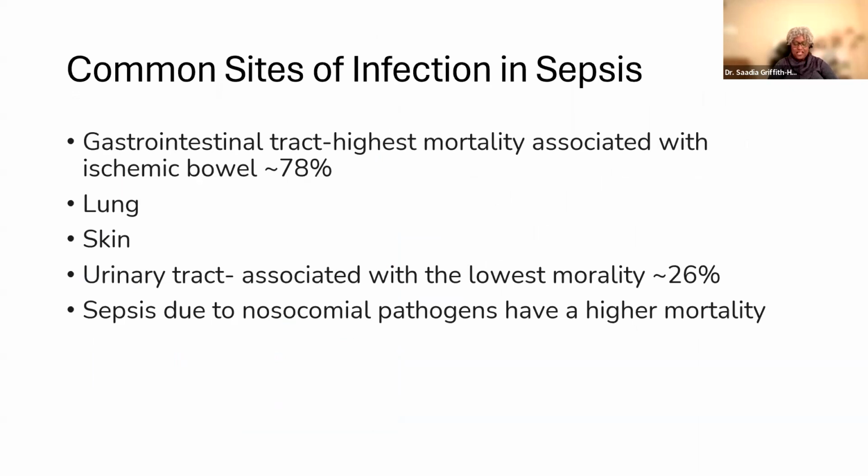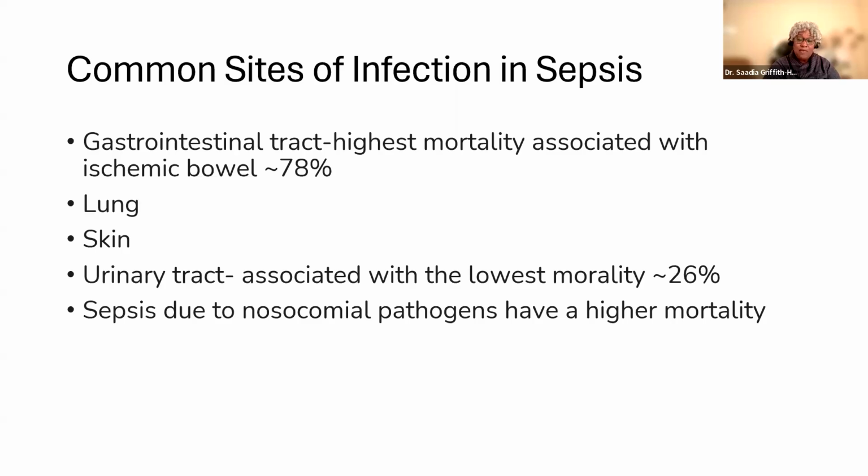So common sites of infection in sepsis. This is a confusing slide as I've written it. So let me just say that the way I have things here ordered, they're ordered in terms of mortality first. So if you have sepsis from the GI tract, that's associated with the highest mortality. And the highest mortality is actually from the ischemic bowel, which has a 78% mortality rate in sepsis.